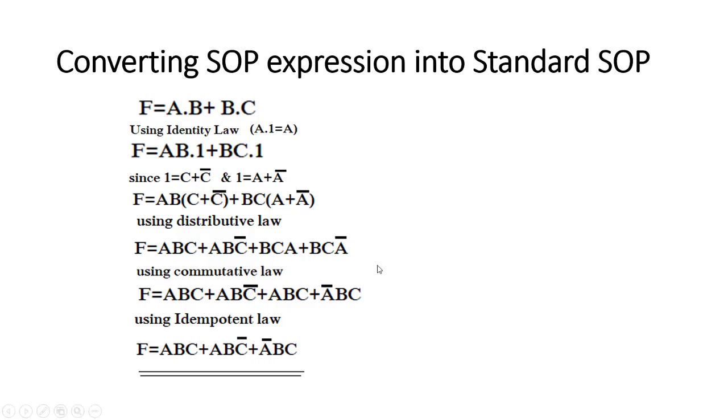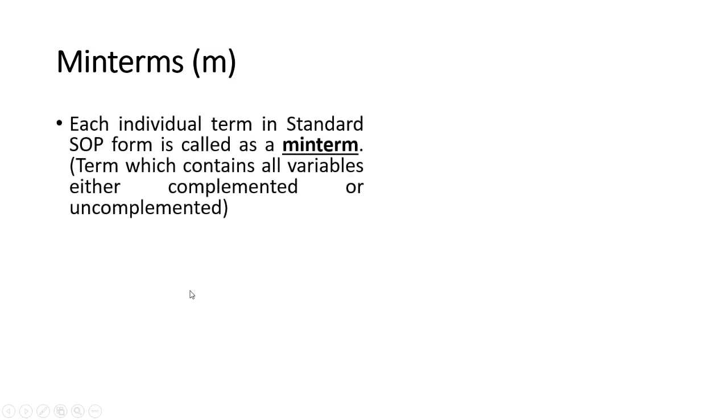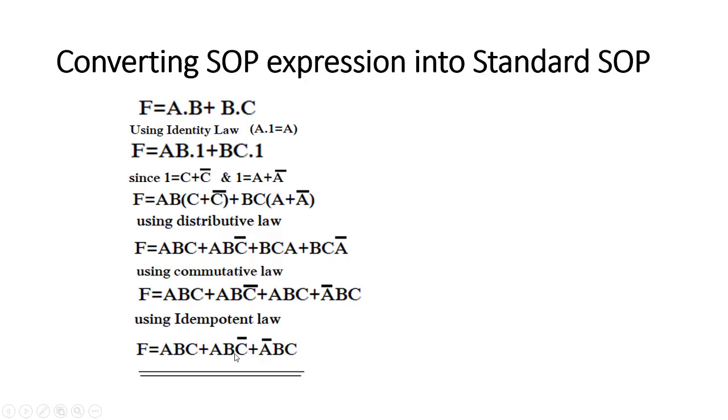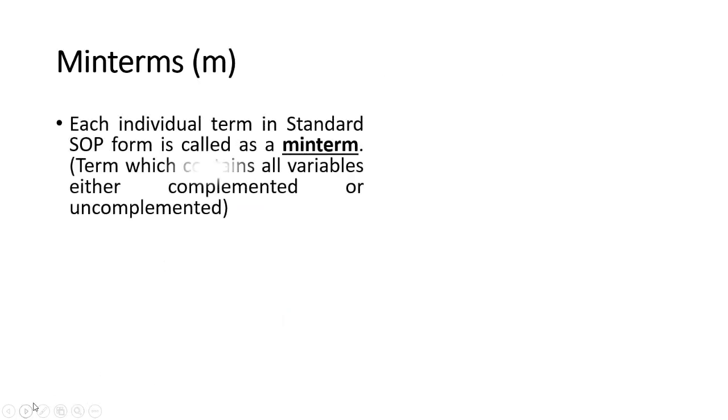And minterms. What are minterms? Minterms are standard SOP terms, right? You know these are standard SOP terms. These are standard SOP terms. So these terms are known as minterms. Then how do we write a standard SOP term as a minterm?